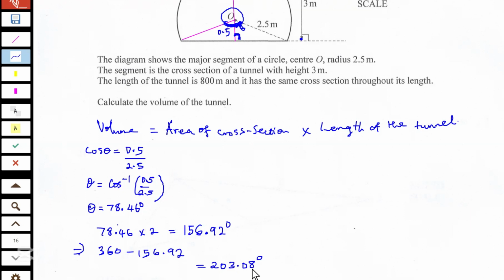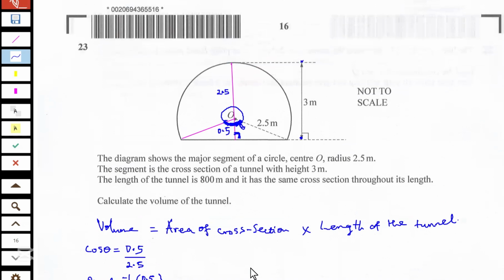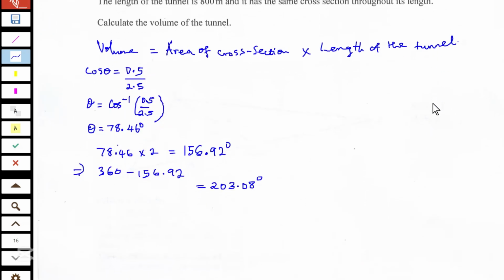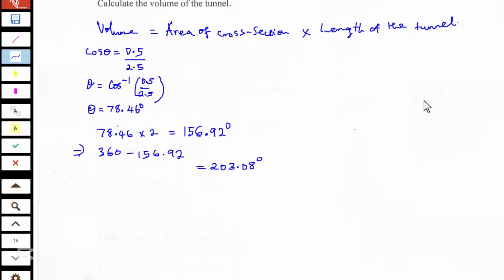Now we know the angle of the major sector, which is this angle. The angle of the major sector is 203.08 degrees. Then we can now find the area of the major sector. The area of the major sector is given by the formula area A as theta over 360 times pi r squared.